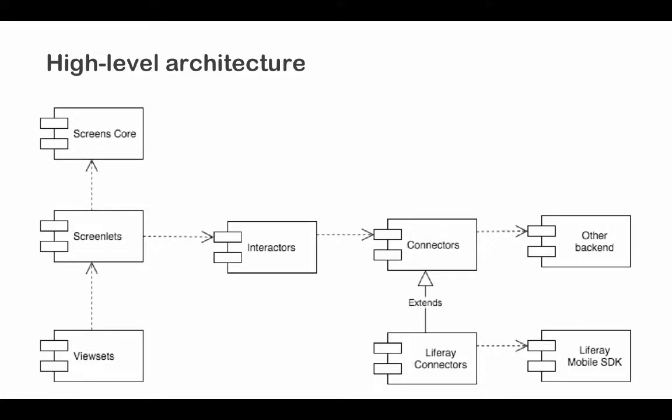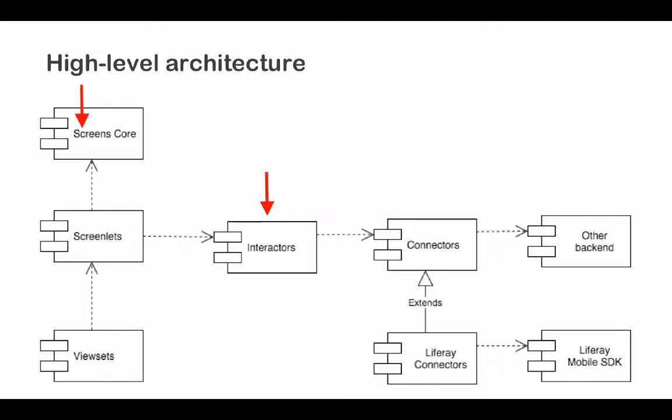As a high-level architecture, Liferay Screens is composed of a core, a Screenlet layer, a view layer, interactors, and server connectors. Let me give you a very quick summary for each component. First, the interactors. They facilitate the communication between the Screenlet layer and Liferay Mobile SDK.